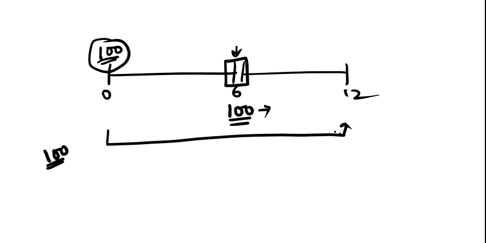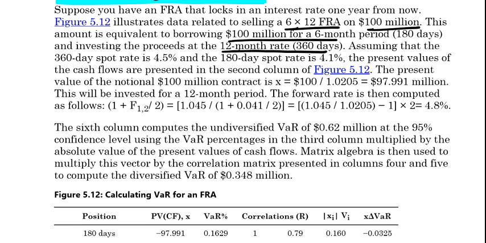What is the rate prevailing in the market for 12 months? Okay, so the rates given are 4.5% for 360 days and 4.1% for 180 days. Means you have borrowed the money at 4.1% and you have invested the money at 4.5%.